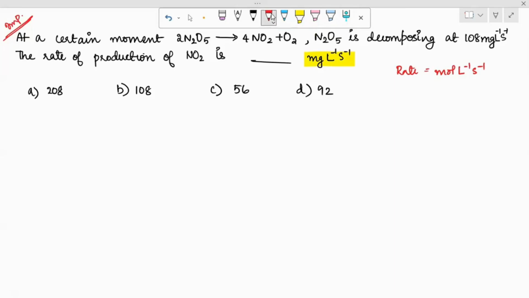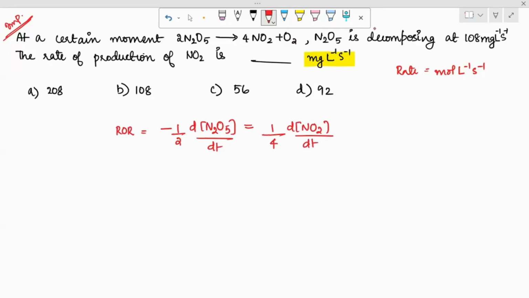Okay, so let's start the question. Decomposition of N2O5, relating the production of NO2 is what we want. So let's try to relate them. With respect to N2O5, the rate of the reaction is minus 1 by 2 dN2O5 by dt. And with respect to NO2, it is equal to 1 by 4 dNO2 by dt.